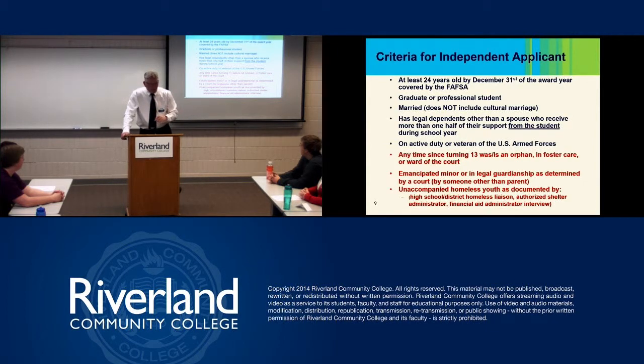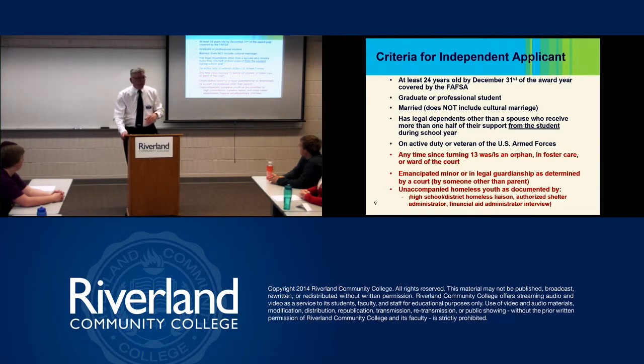There are other things. If you're under 24 and married, you're independent. If you have a dependent child that you're supporting at least half or more, you're considered independent and you don't have to put parent information on the FAFSA form. If a student's under 24 and a veteran, they would be considered independent for financial aid purposes.